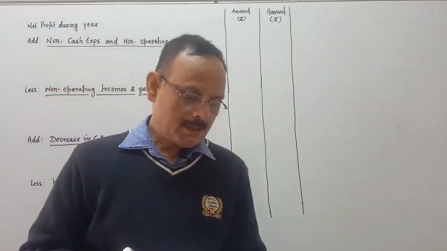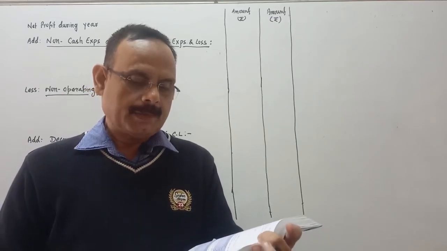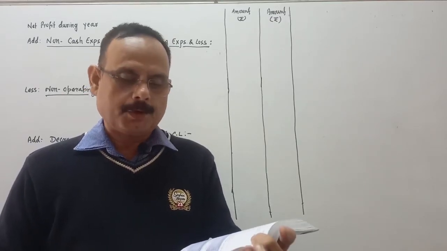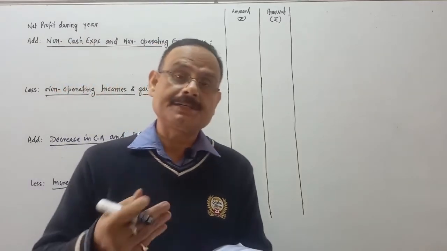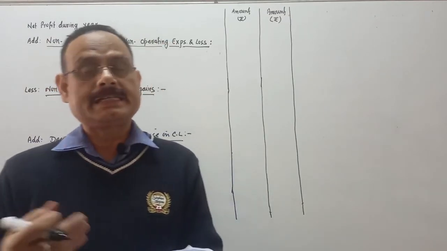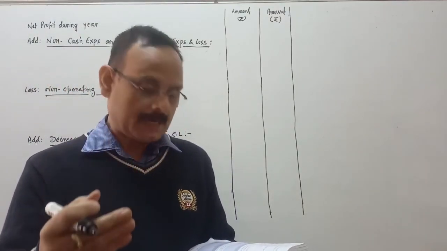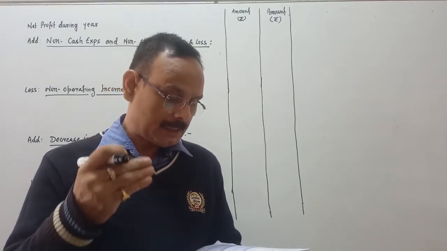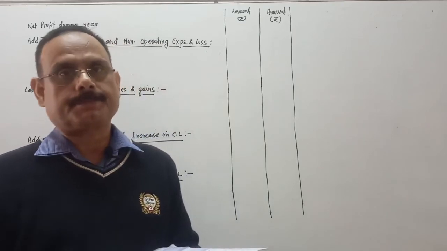So the question is, on March 31st, 2018, Ramesh and company indicated a profit of rupees 1,25,000 after considering the following: depreciation on building, depreciation on plant and machinery, amortization of goodwill and gain on sale of machinery.